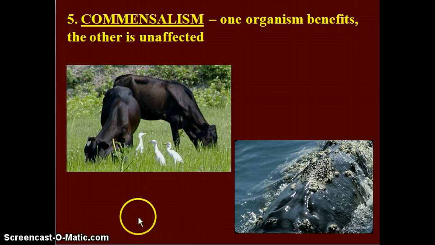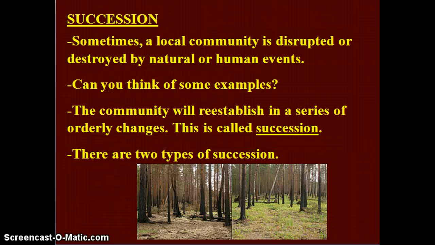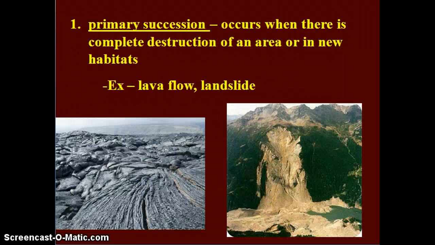If we look then to the next slide, we're going to talk about succession. Succession is over time. Orderly change is a series of orderly changes. That's what succession is. And there are two types of succession, being primary succession.